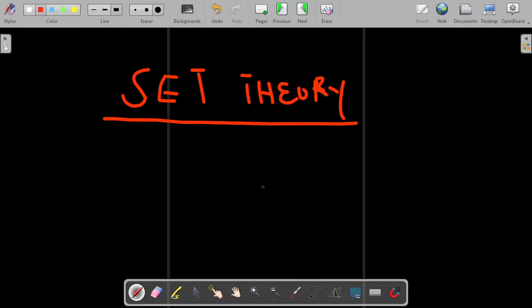So you can write it down. A set is defined as a collection of distinct objects. So you can write them down.